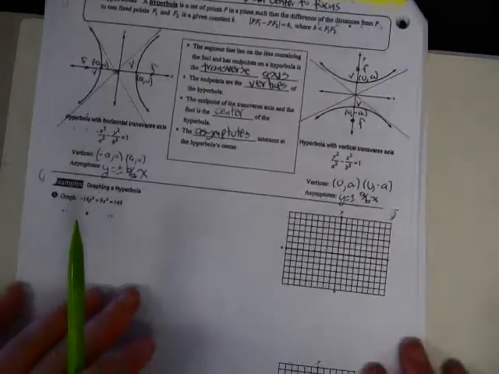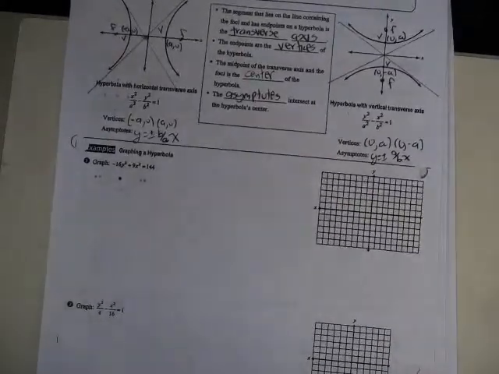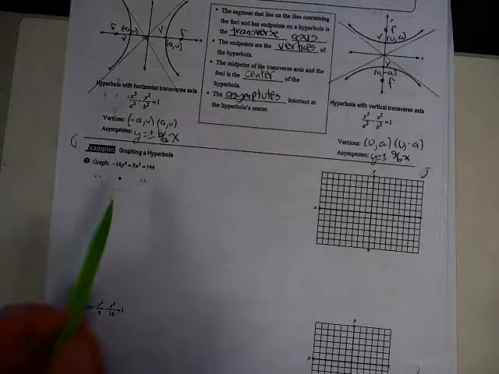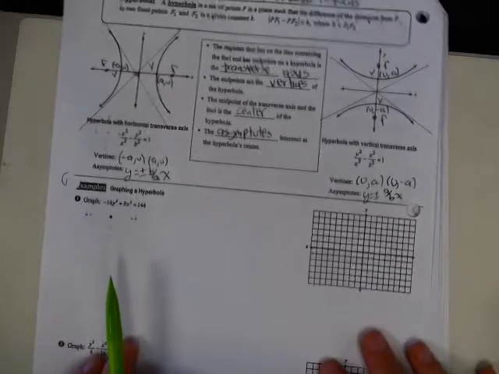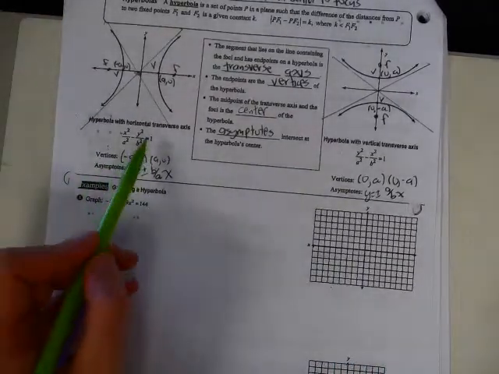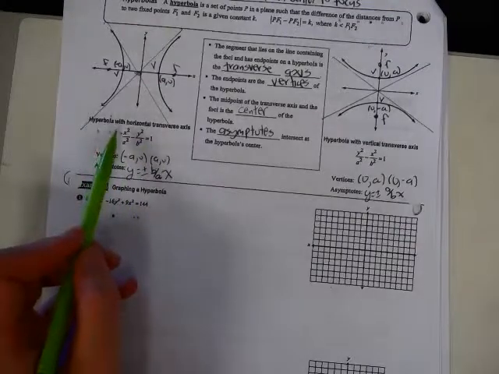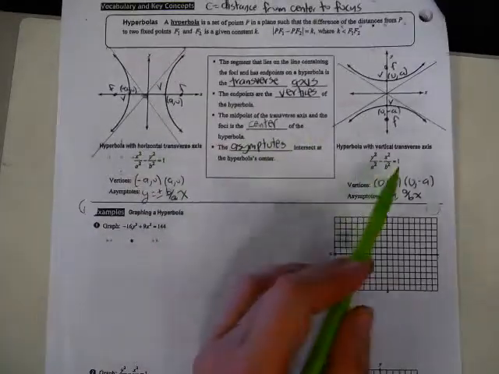So let's put some numbers in here, hopefully it makes it a little bit more clear. So number one, we're going to try to graph this hyperbola. Now notice that just like the ellipses, it has to be equal to 1. We need an x squared, a y squared, and it has to be equal to 1.